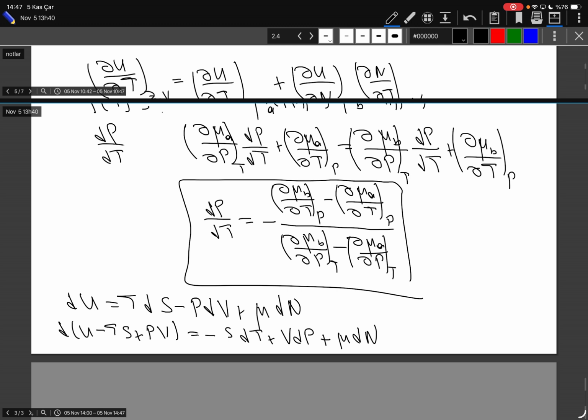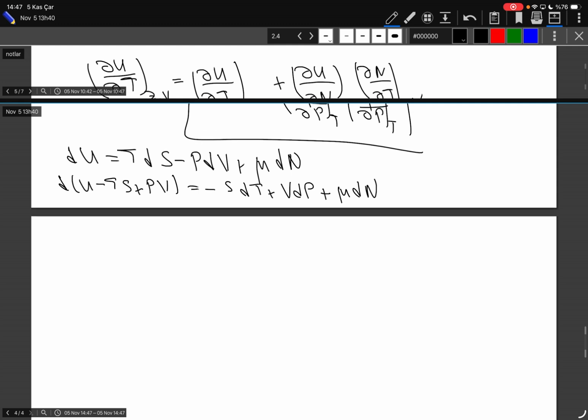Well, this is basically a Legendre transform, by the way, that you also use in classical mechanics. When you go from Lagrangian to the Hamiltonian, you just take one derivative, multiply with that quantity, and subtract it from whatever you have. If you look at, let's say, this one, T is the derivative of U with respect to S. So you are basically doing the same thing.